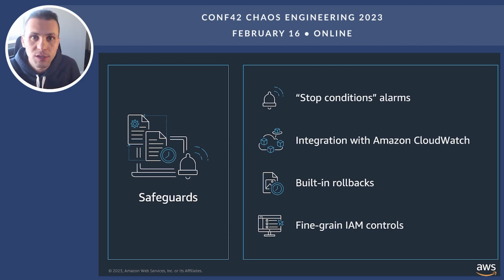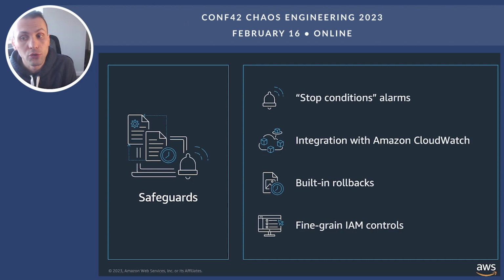And because Fault Injection Simulator can be very dangerous, you want to make sure only the right people within your organization have access to run those experiments. As with most AWS services, you can control with fine-grained IAM control. So you can say this specific IAM principal can only do these actions on these resources, and only these folks can start experiments.